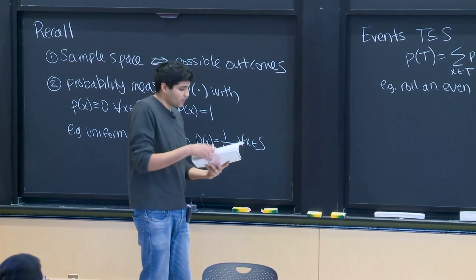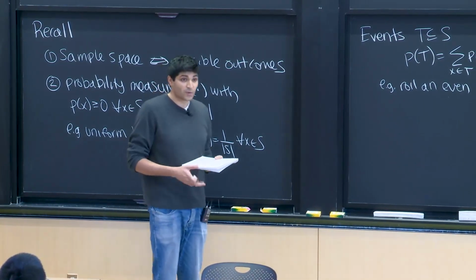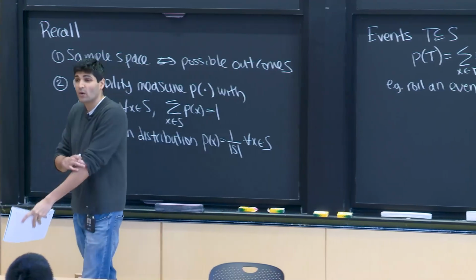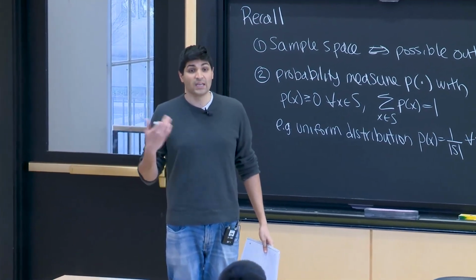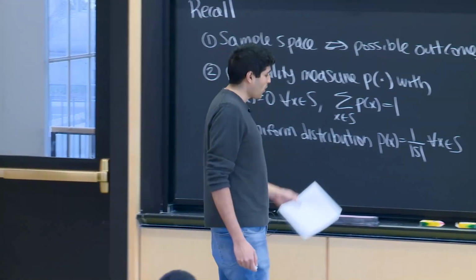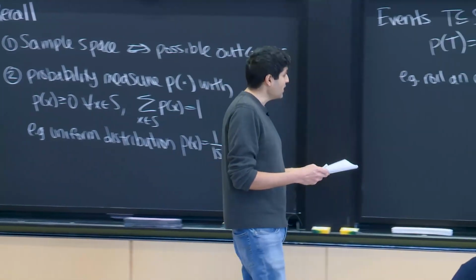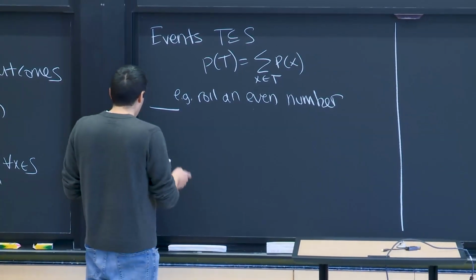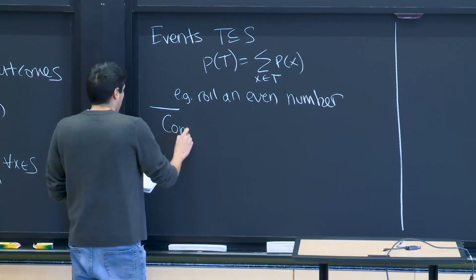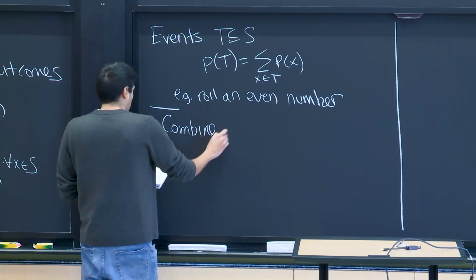And today what we're really working towards is something that's very important but a little bit counterintuitive. We're going to talk about independence and conditioning. What's important to build up to this is the idea that we cannot just consider the probabilities of individual events, but we can combine them in interesting ways, right?